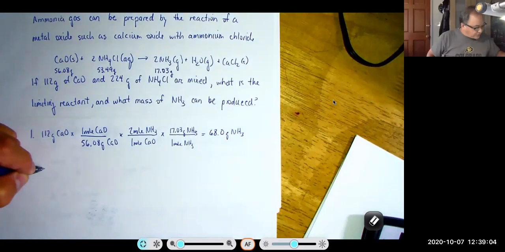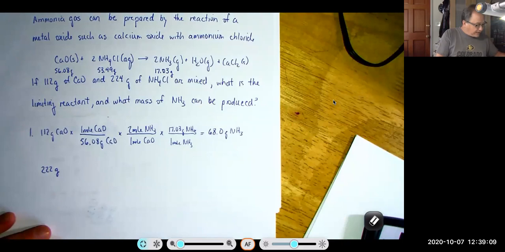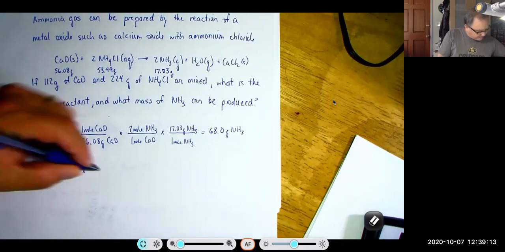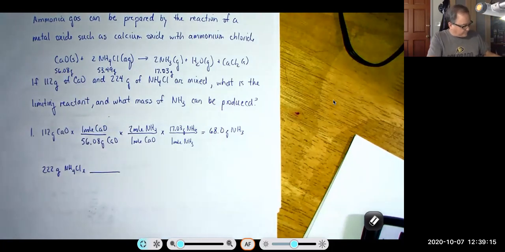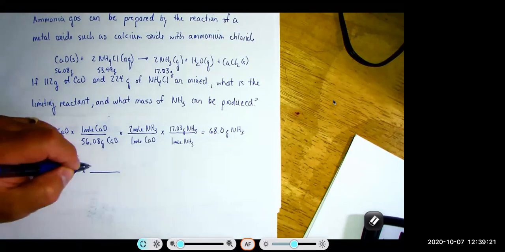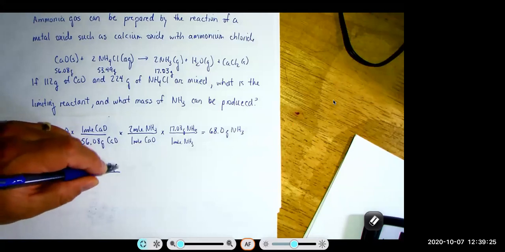Now let's try 224 grams of ammonium chloride. Well, you multiply it by 1 mole of ammonium chloride on top, and then the molar mass on the bottom.